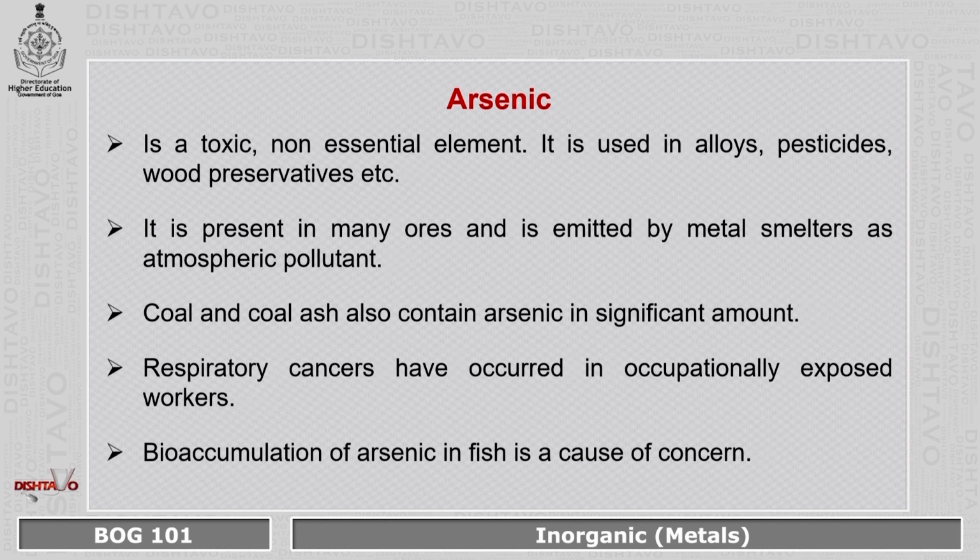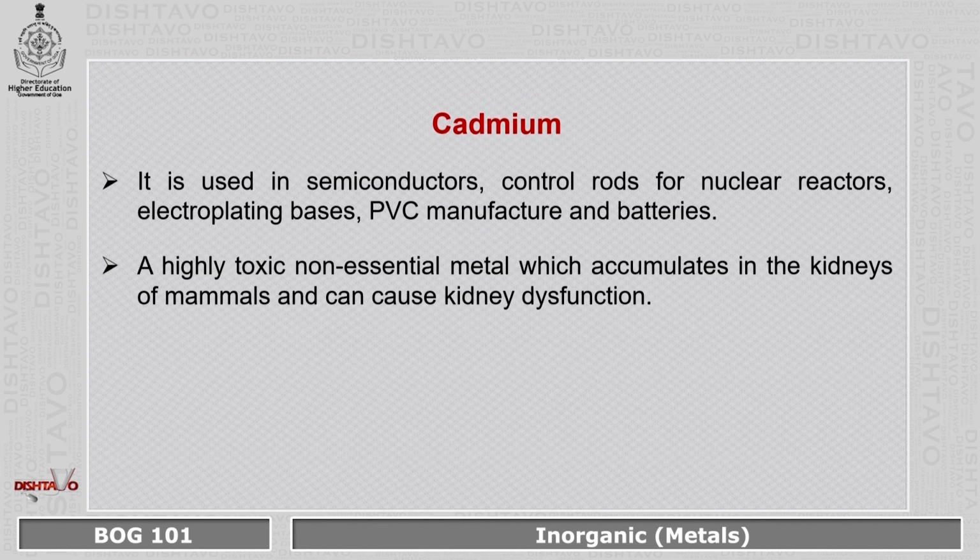It is present in coal and coal ash. Respiratory cancers have occurred in the industries which are emitting arsenic as a pollutant. Bioaccumulation of arsenic in fish and then toxicity to humans through the food is a cause of concern.